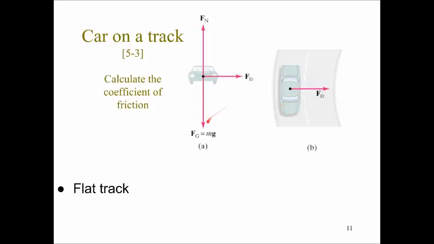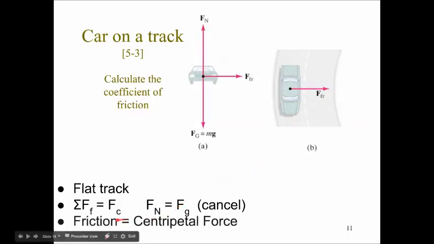So we are going to set it up as the sum of all forces, which is equal to the centripetal force. Notice that once again, the normal force and gravity cancel each other out, so we don't even consider those. So we simply say the friction is equal to the centripetal force, or the friction is what's causing it to go in a circle.